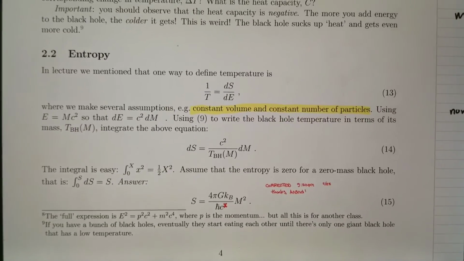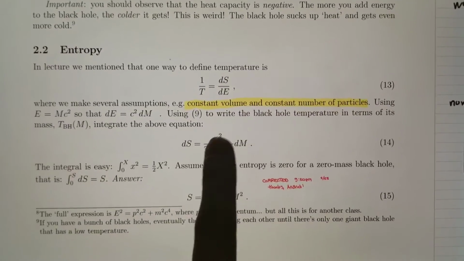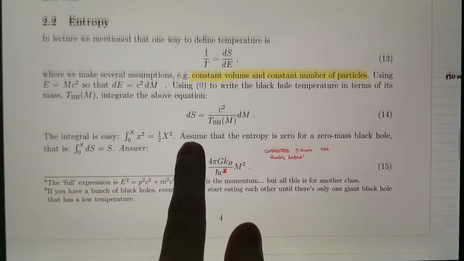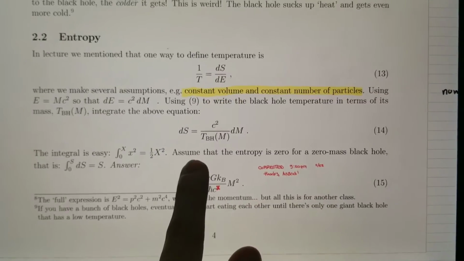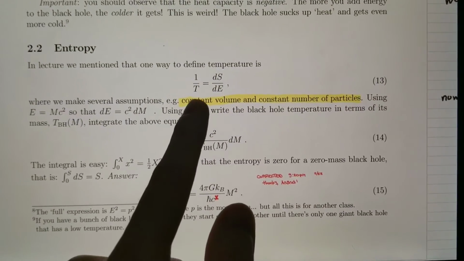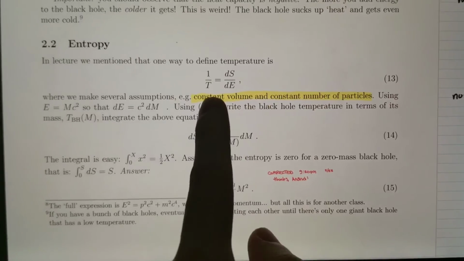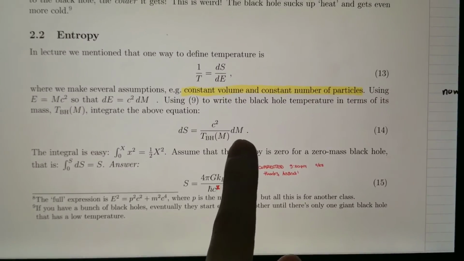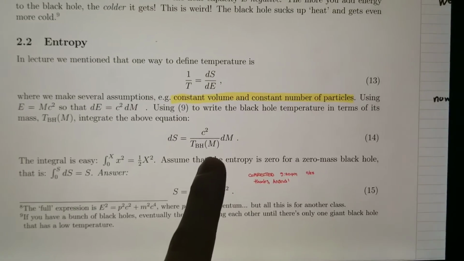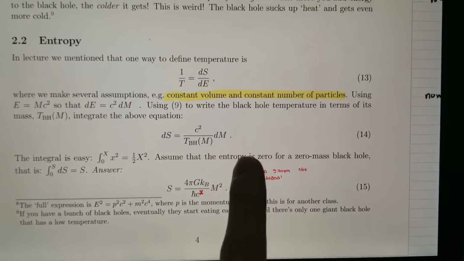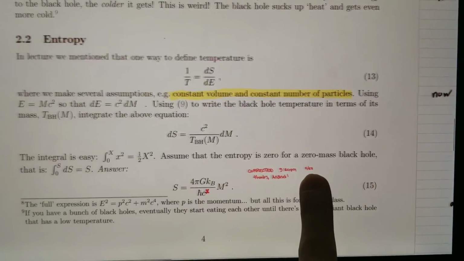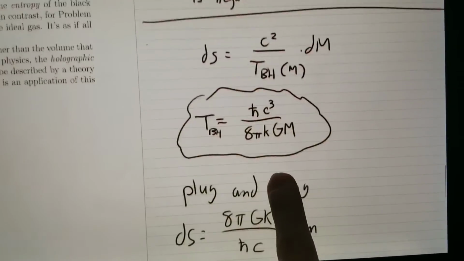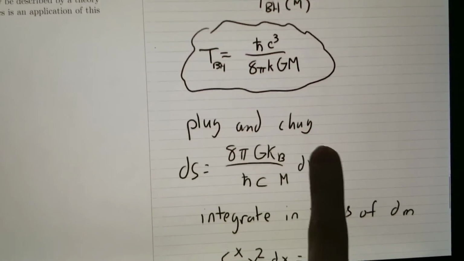Now we have to figure out how to find S. We know we have dS and we know the value of the other stuff such as T and dE. So by isolating dS out, we end up getting dS is equal to c squared over T of the black hole times m dm. Now all we have to do is take the integral of this, which is shown down here.